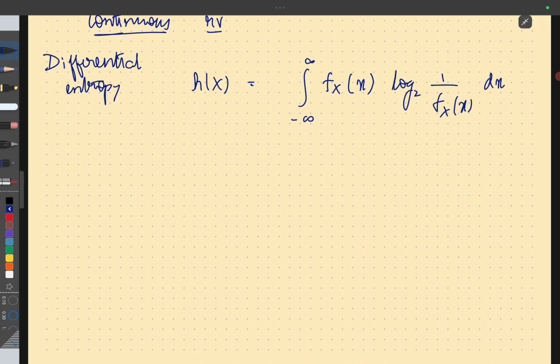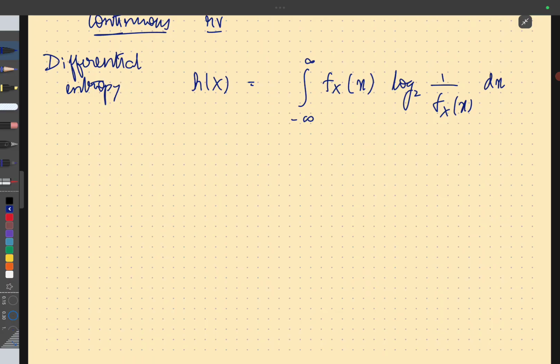So unlike discrete entropy, you can't say that h of x is a measure of randomness in the random variable of the distribution fx. Primarily because even the most basic requirement that we would have, that is non-negativity, does not hold. In fact, many other things don't hold.